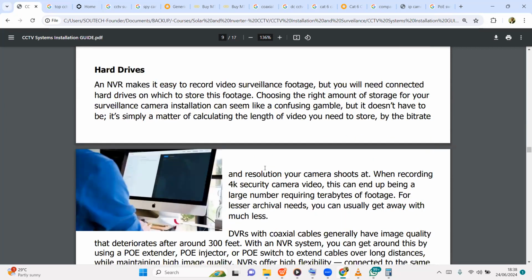Okay, let me see, there's another thing. Hard drives. In planning your CCTV systems, hard drive is very key. Just like your phone, if you're always doing video record and you don't have enough space, it's going to tell you, because you will not be able to record as much as possible, right? So it makes sense to make sure that you have enough space.